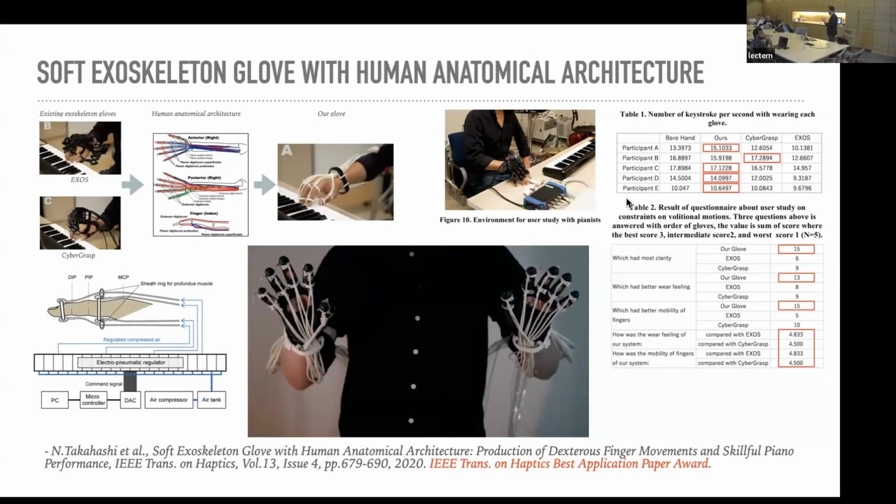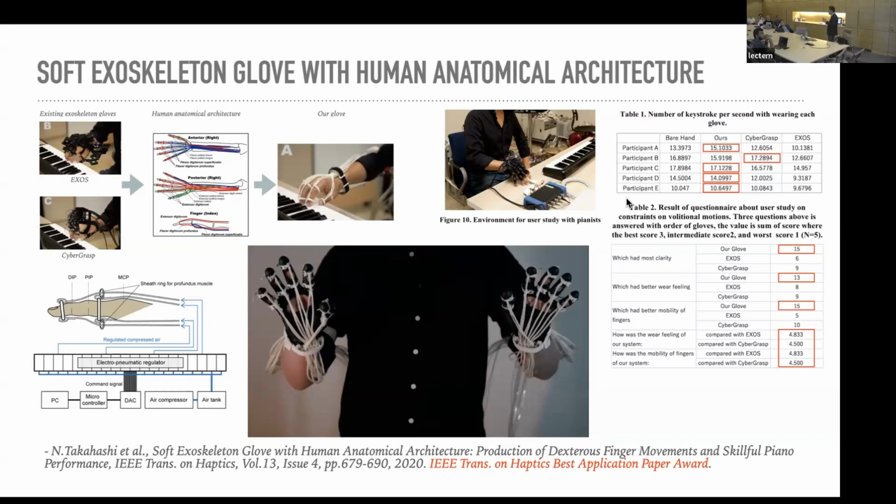After that, we made them wear our gloves and made their fingers move as fast as possible, faster than their limitations. And after they took off their gloves, it is interesting, their fingers moved faster than before.